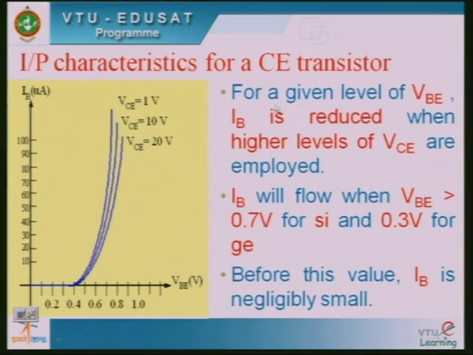Now, let us discuss the input characteristics of the common emitter transistor. Input characteristics means it is a plot of VBE versus IB keeping VCE constant. You can note that this plot of the input characteristics of the common emitter transistor almost looks similar to that of the forward biased PN junction.